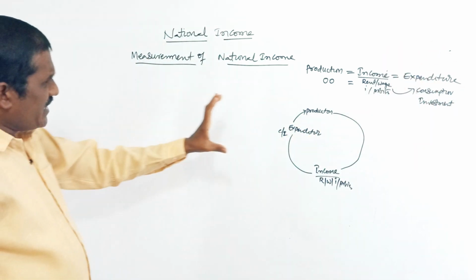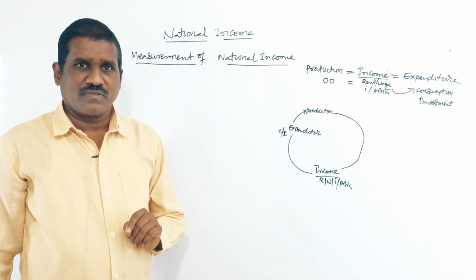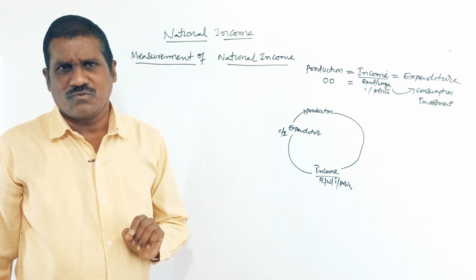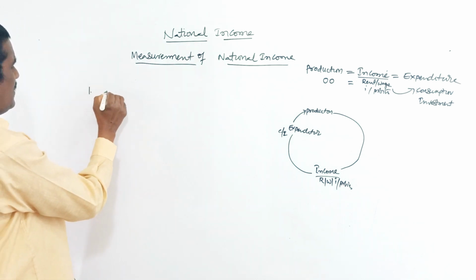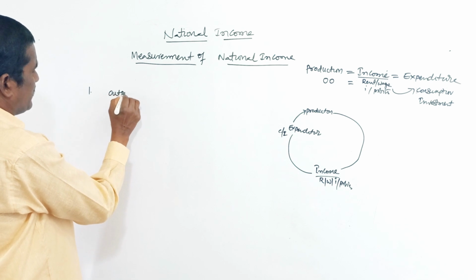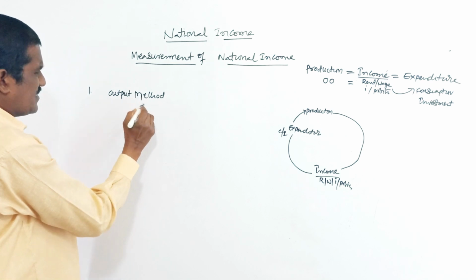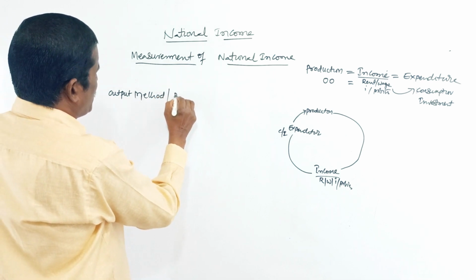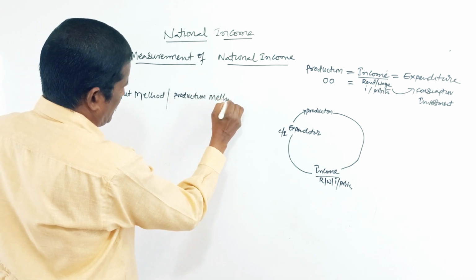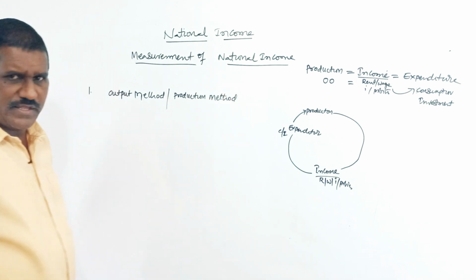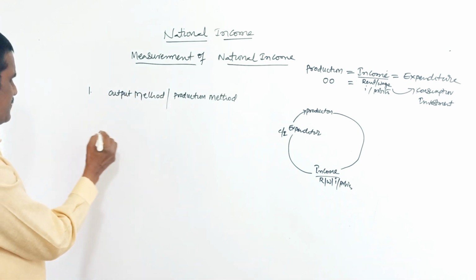In the same manner, the measuring methods of national income are divided into three types. One is the output method or production method, the first method.